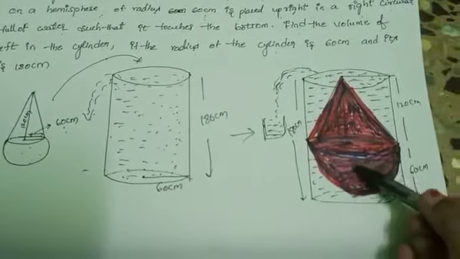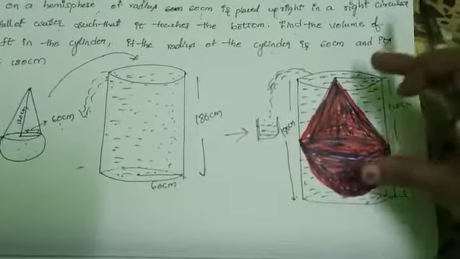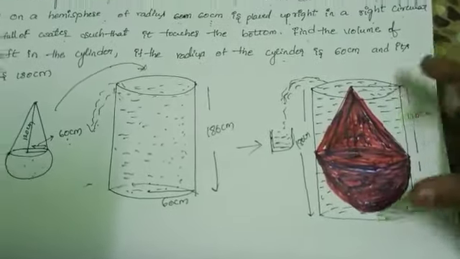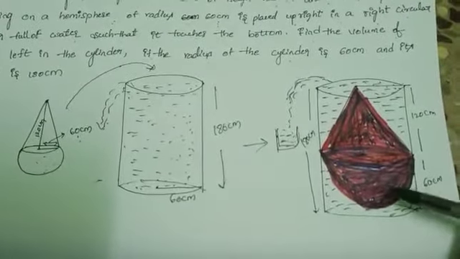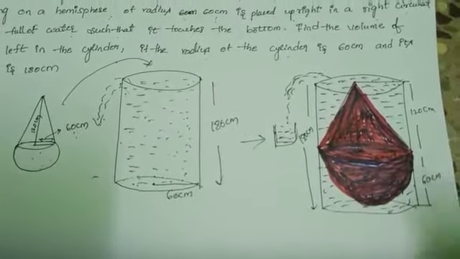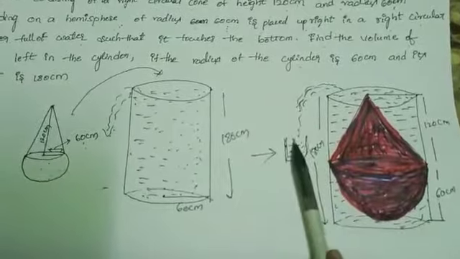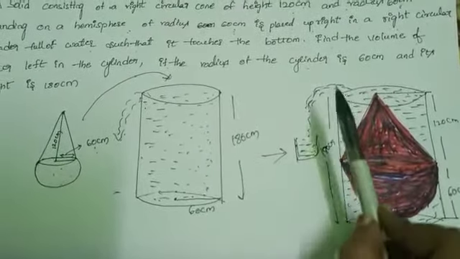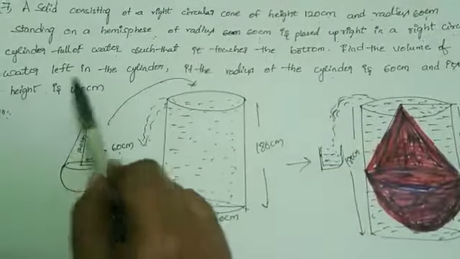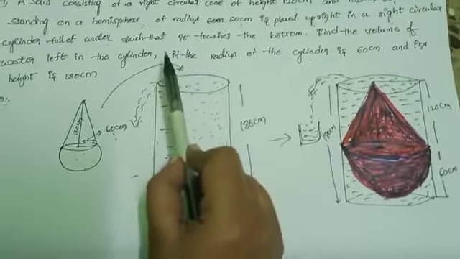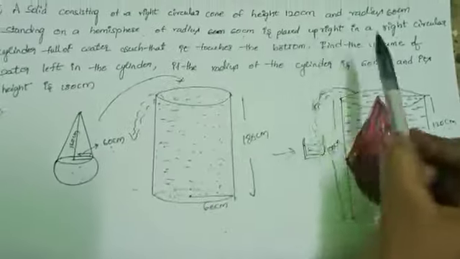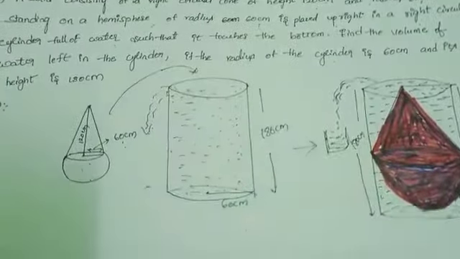See this diagram. Here solid placed into cylinder. Okay. The solid touches the bottom of the cylinder. Some water is overflown. Here we have to find the volume of water left in the cylinder. How much amount of water left in the cylinder?